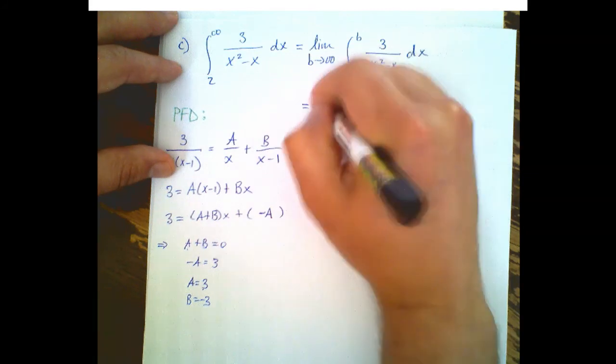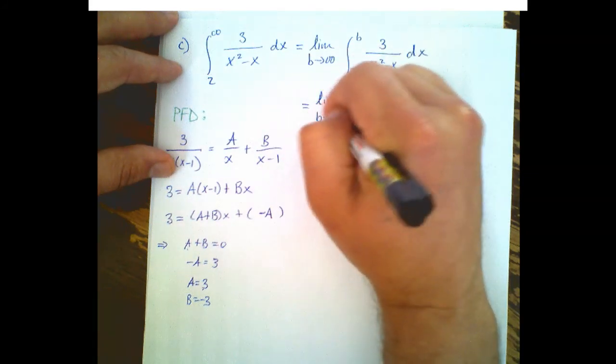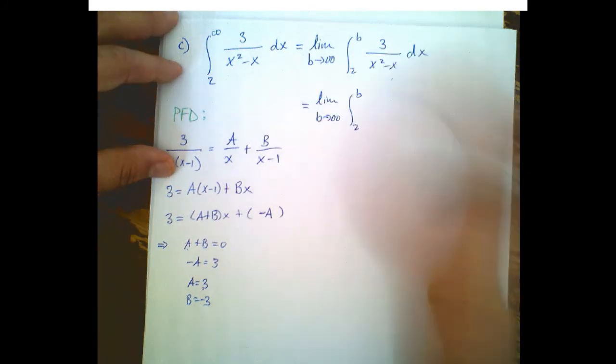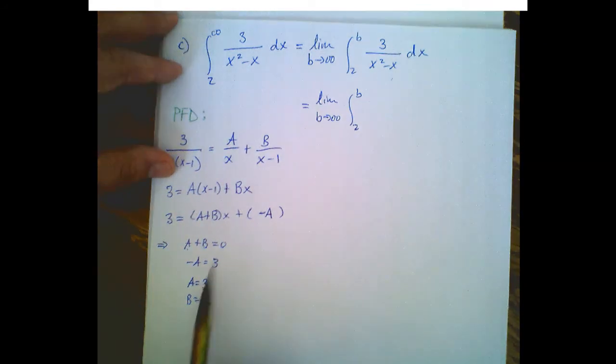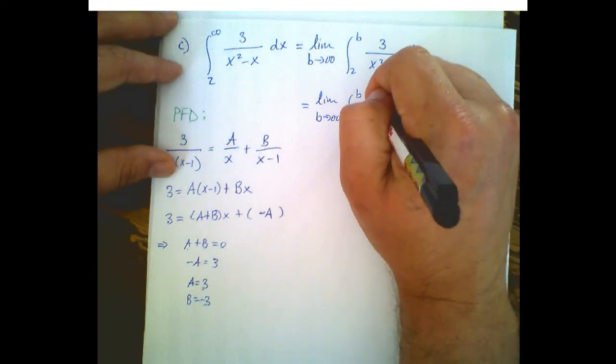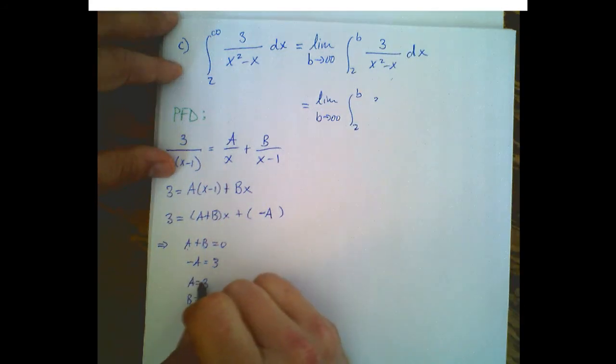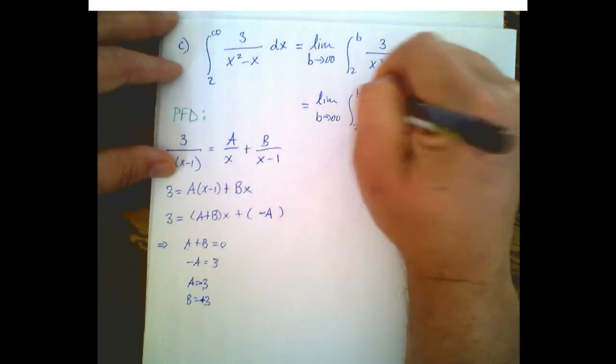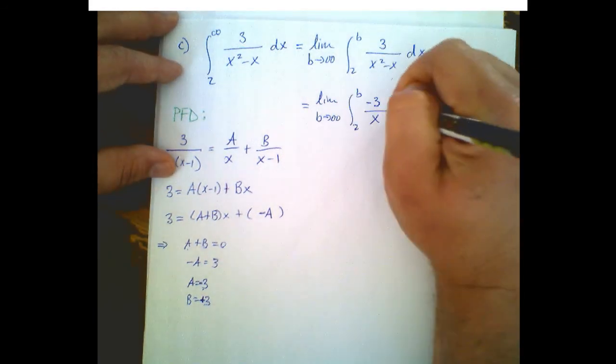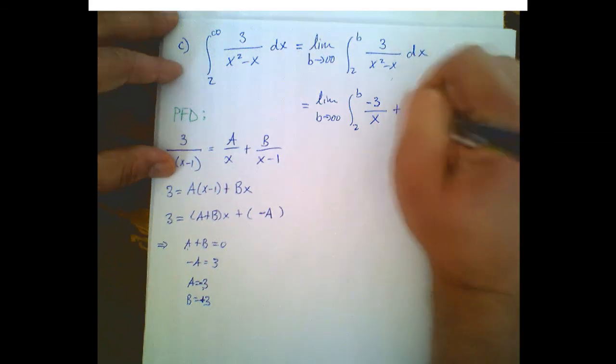So coming back up here, we have the limit as b goes to infinity of the integral from 2 to b of negative 3 over x plus 3 over x minus 1.